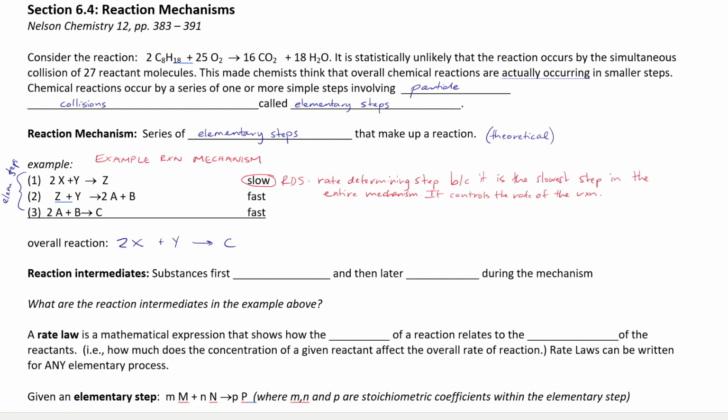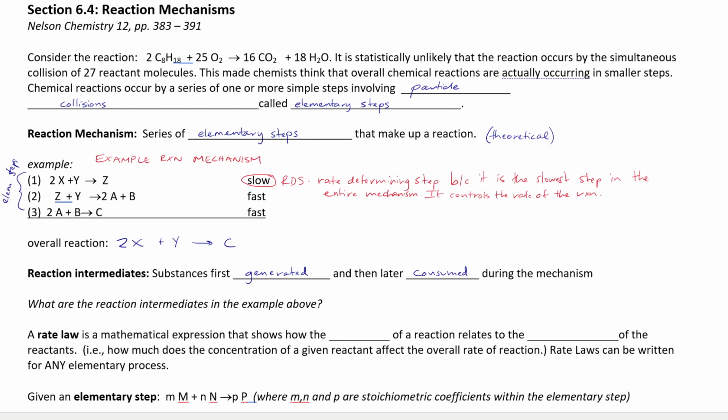The reaction intermediates in this reaction mechanism are substances first generated and then later consumed during the reaction. So if we take a look at that, I'll highlight them in green.